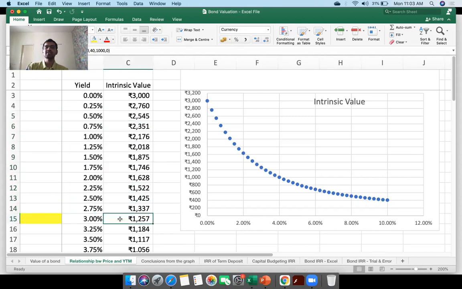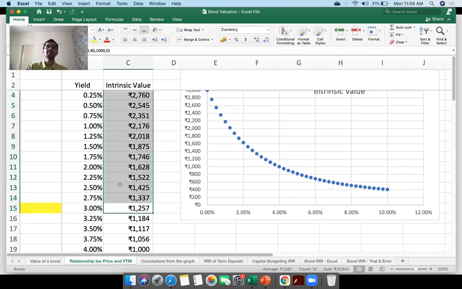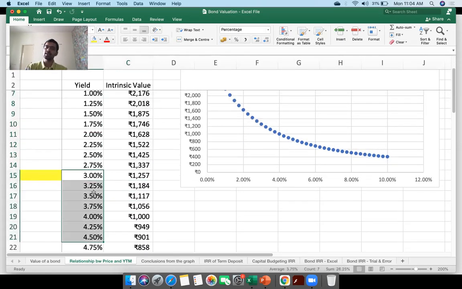The bond price increased from 1257 to 1337, then to 1425, 1522, and so on. Similarly, when I increased the yield from 3 to 3.25 to 3.5 and so on, the bond prices kept decreasing.